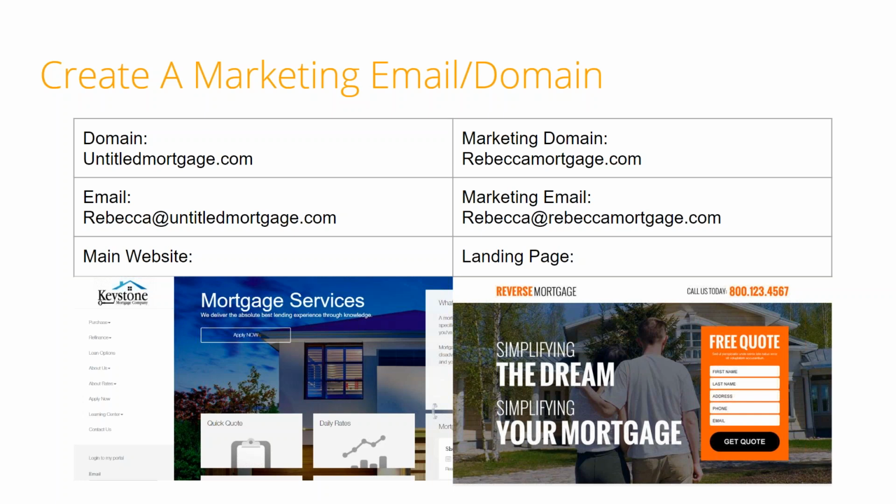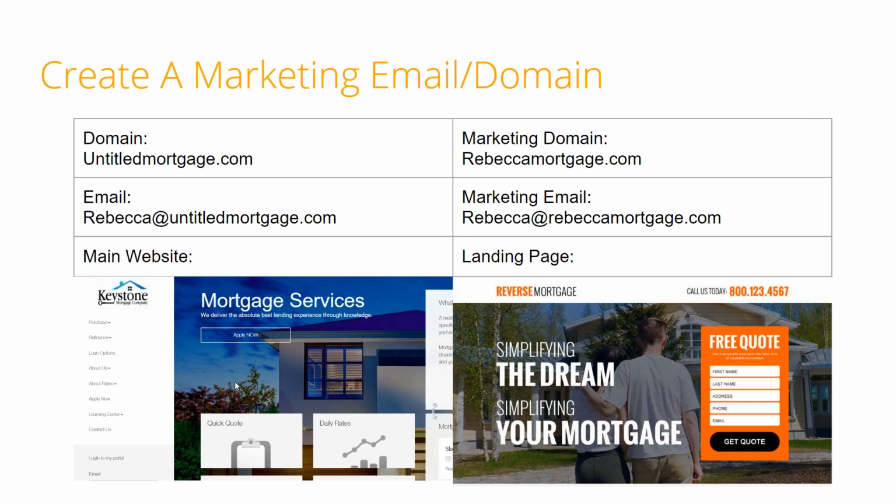So let's say your mortgage office website is untitledmortgage.com. Your email from there is Rebecca at Untitled Mortgage, and then you have your corporate mortgage office website and domain name here listed on the left. What you would want to do is use that for your corporate communications, messaging back and forth with past borrowers and current borrowers.